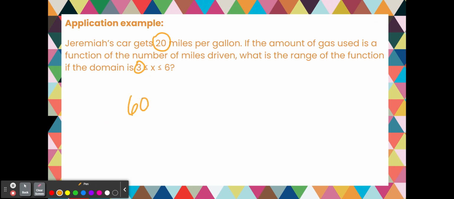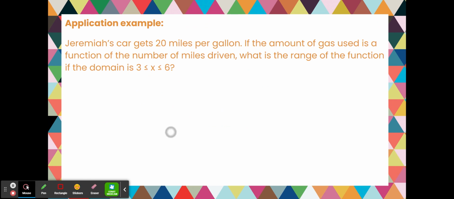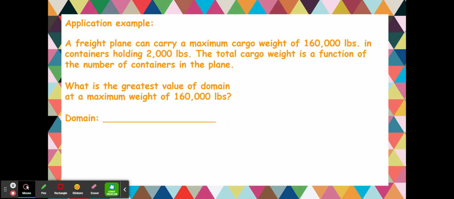And then what do I do? 20 times 6, I get 120. So all of my y's or my outputs are going to be between 60 and 120. Because I'm using these x's, these have to be my inputs. And that's it.